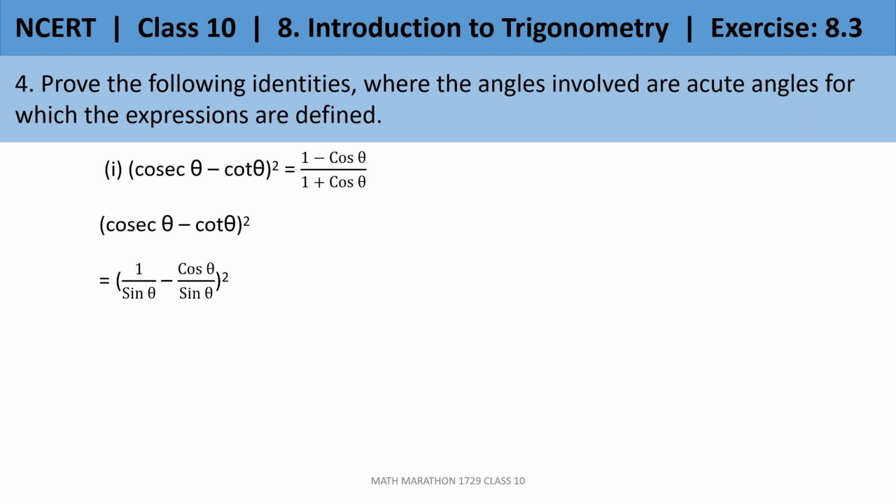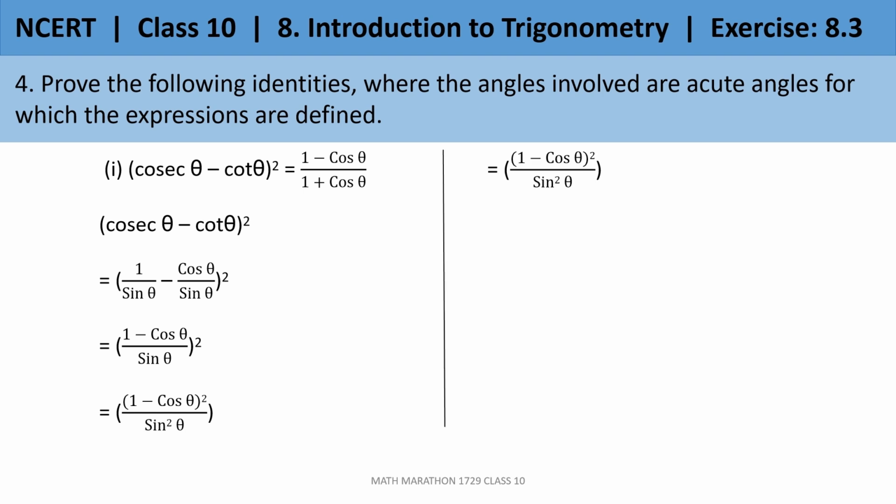We have a common denominator, sin theta, which is equal to ((1 minus cos theta) by sin theta) whole square, which is equal to (1 minus cos theta) whole square by sin square theta, which is equal to (1 minus cos theta) whole square by (1 minus cos square theta), because sin square theta plus cos square theta is equal to 1.